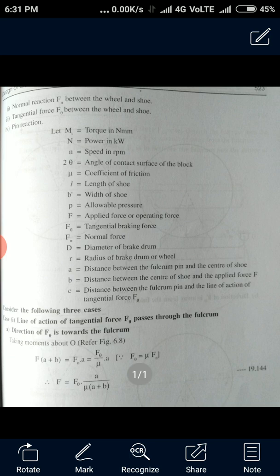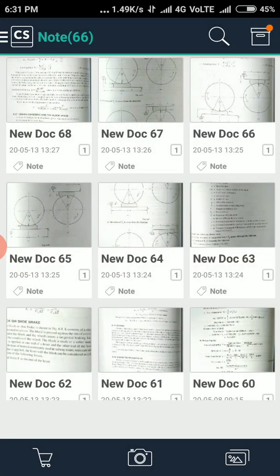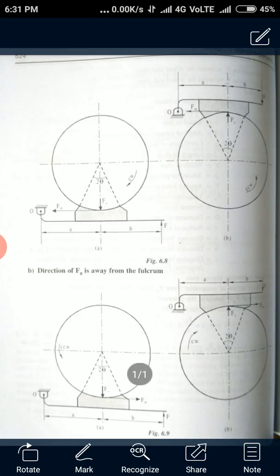Now you see here, these A, B, C are very important parameters in the design of the brakes. Look at the sketch again. What is the point A? It is the distance between the fulcrum O and the center of the block or center of the shoe.